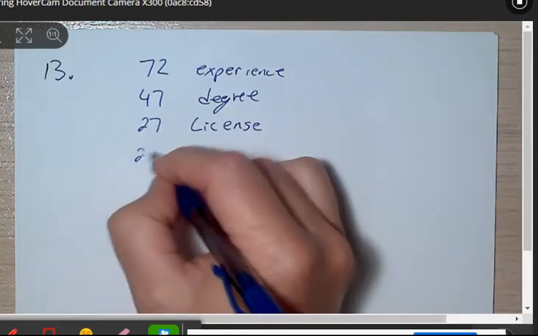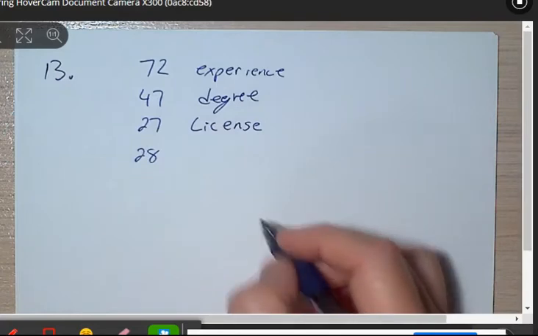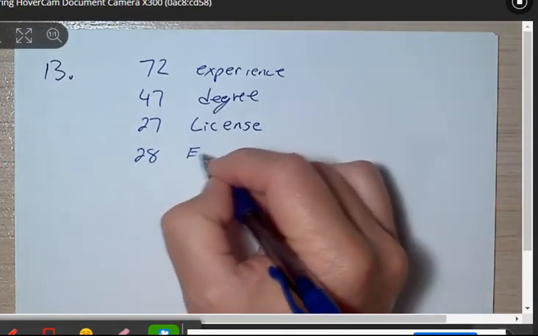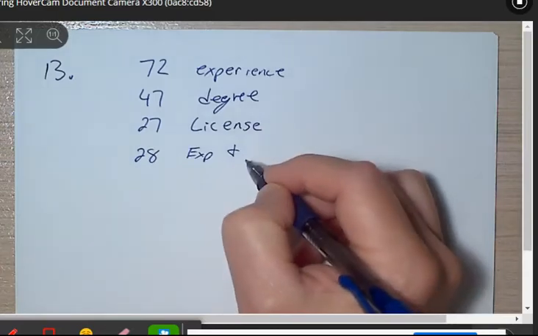There were 28 people with experience and a degree.